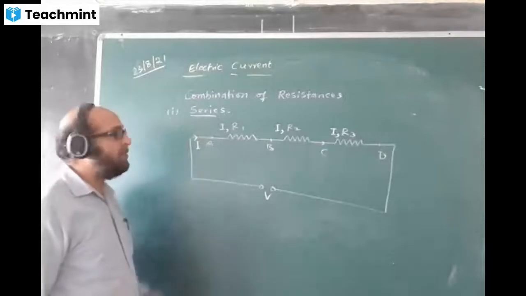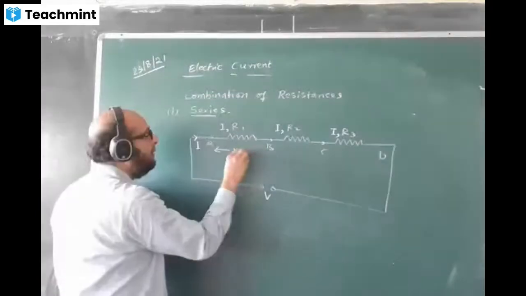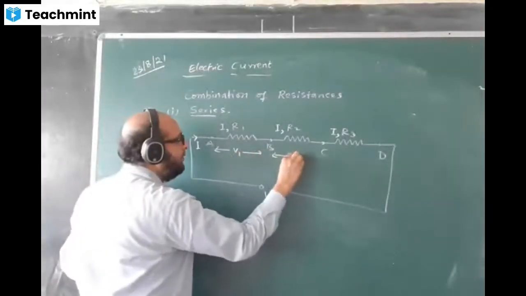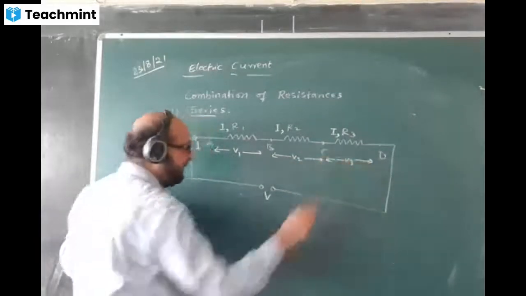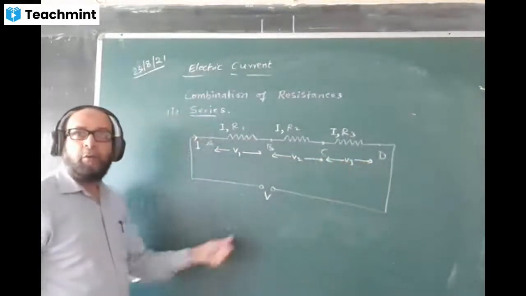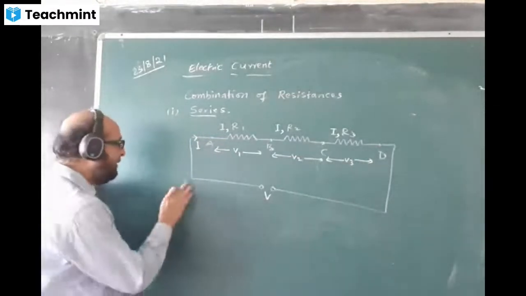Such a combination is called series combination. But voltage changes. Voltage here will be V1, here V2, here V3, and so on. And the total voltage is V.